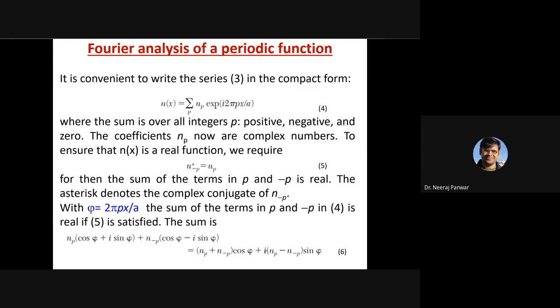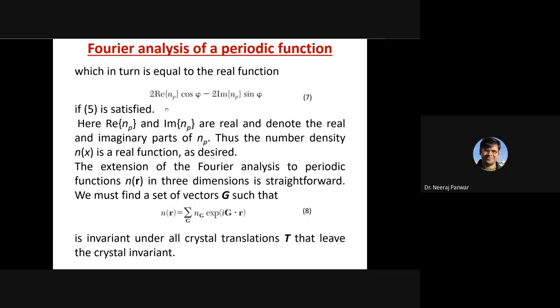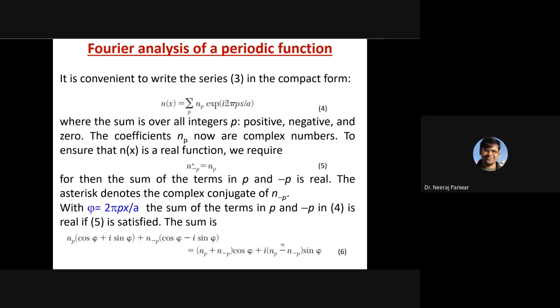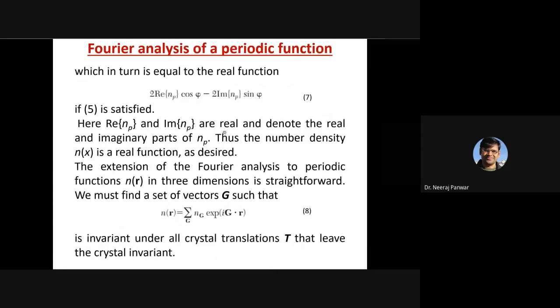Here i is already there, and you will have another imaginary part, so i and i will become i squared, and i squared gives us minus. So this is real, this is real, and so n_x will become real. So this expression can be written as 2 real n_p cos phi minus 2 imaginary n_p sin phi, because here you will have only the imaginary part.